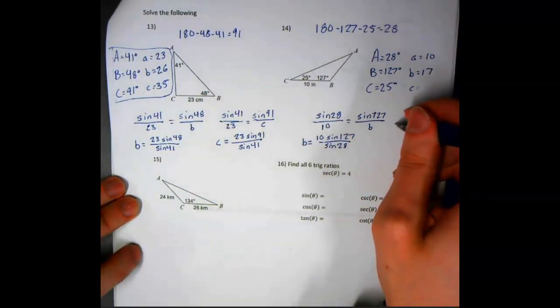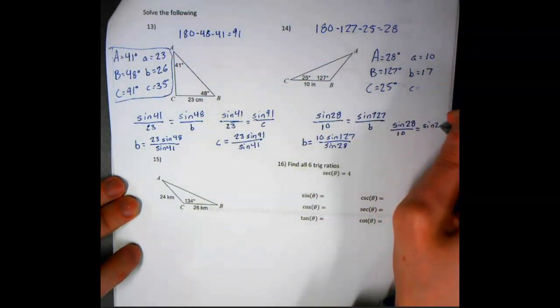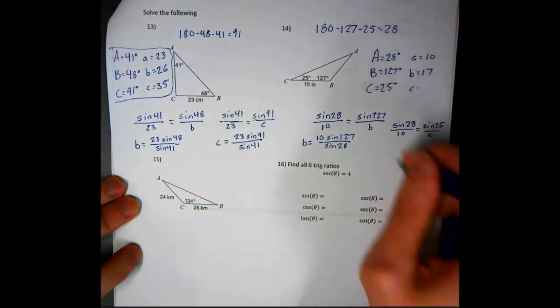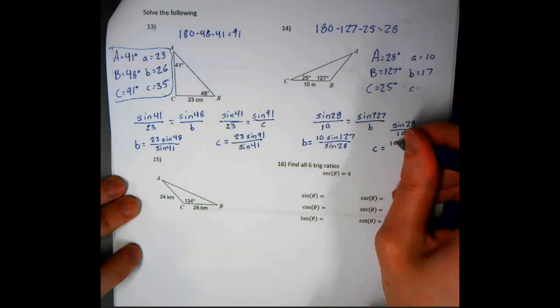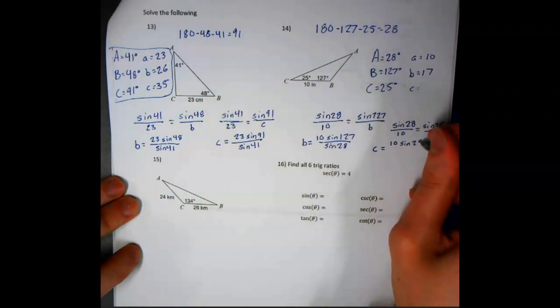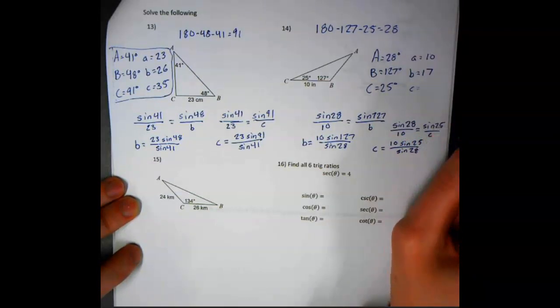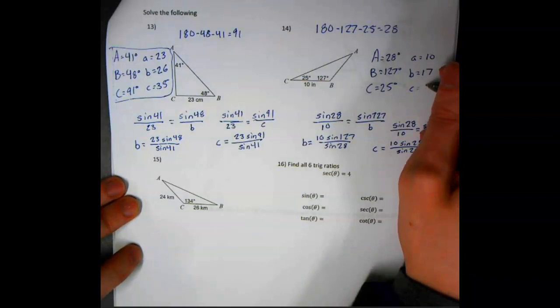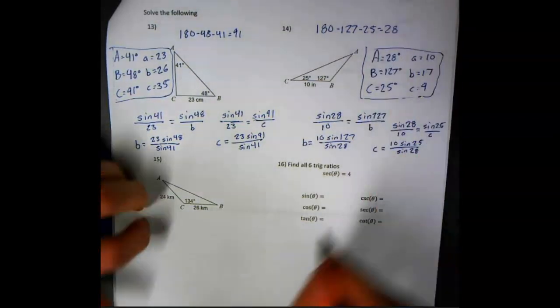We'll do the same thing for side C. And that comes out to just about 9. And now you've solved problem 14.